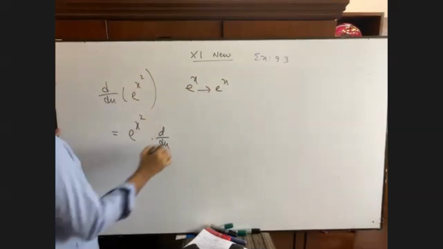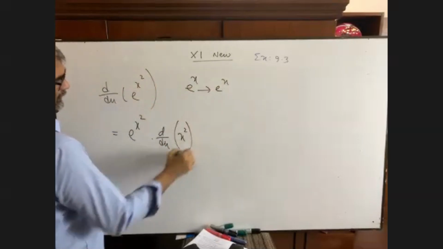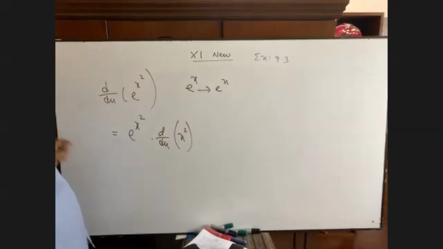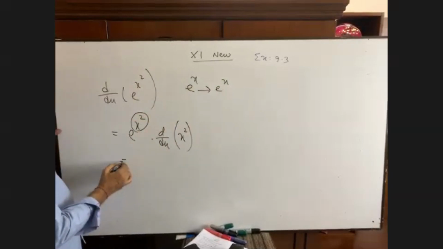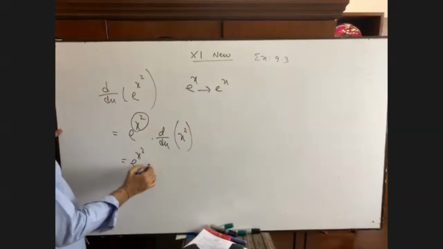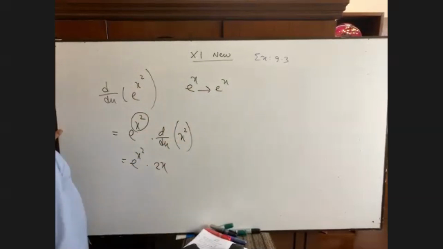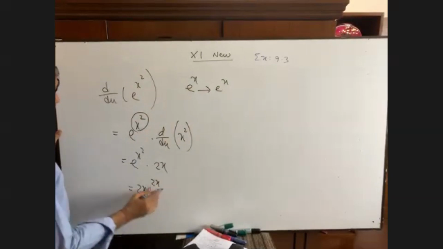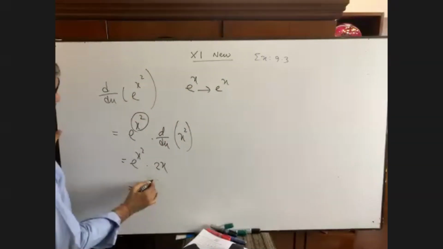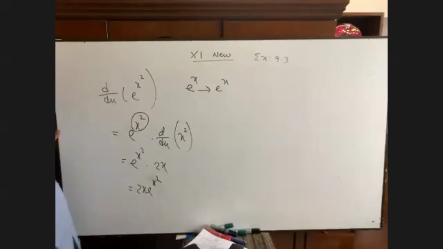X is x square. You consider this as x. So e to the power x square. Now, the derivative of x square is what? 2x. So math is done. 2x e to the power x square. Our math is done.